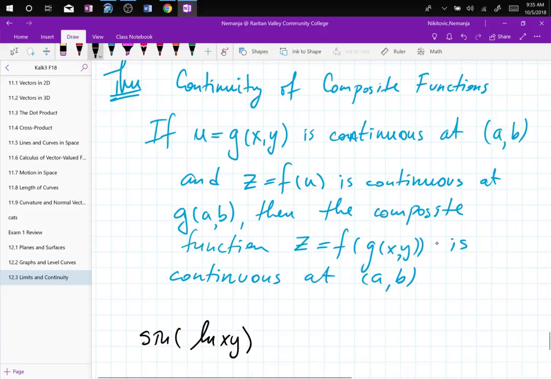Sine of x is continuous, therefore sine of ln is going to be continuous. So this is continuous. It's continuous because of the theorem, right? And we know that you can write, if you need to, underneath: sine is continuous, ln is continuous, therefore the combination of the two is continuous. That would actually be proof, and you are calling upon this theorem.